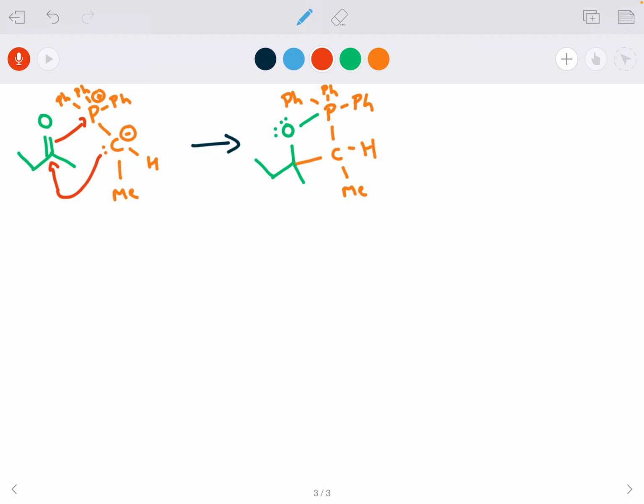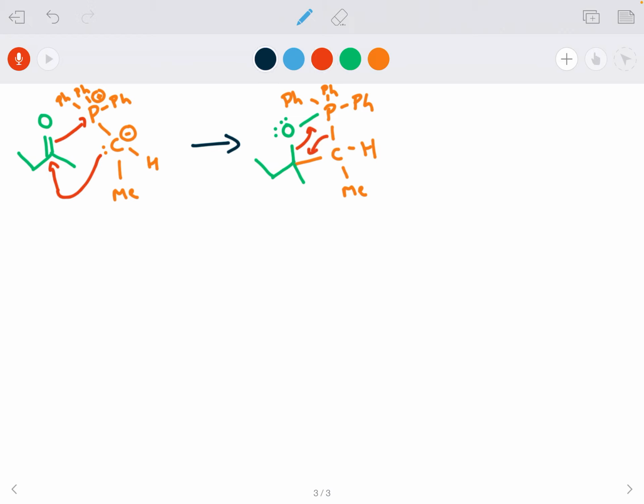Now, the reaction I'm going to get here is the bond between the carbon and the oxygen right here. These electrons will move over to form a double bond there. And then the electrons between the phosphorus and carbon will move to form a double bond between 2 carbons.